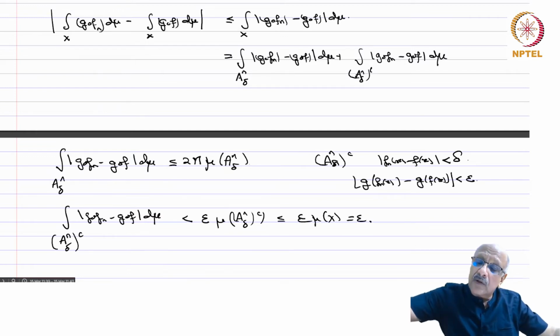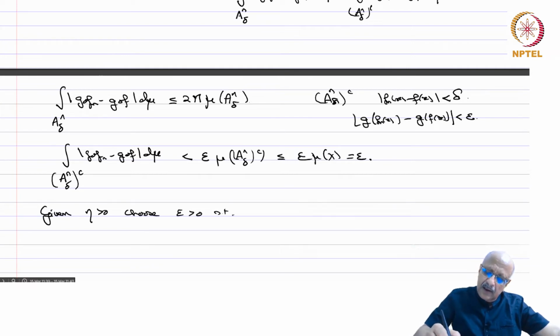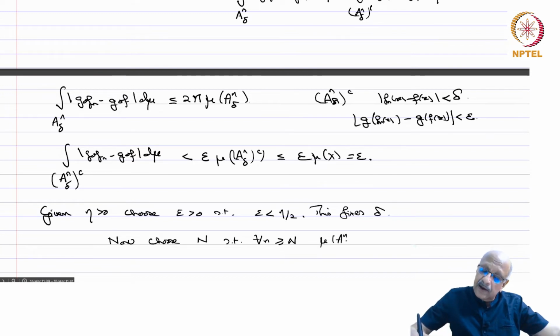Now we are through, just as we did in the Weierstrass theorem. Given eta positive, choose epsilon such that epsilon is less than eta by 2. This fixes delta. Now choose capital N such that for all n greater than or equal to capital N, mu of A_{n,delta} is less than epsilon by 2.